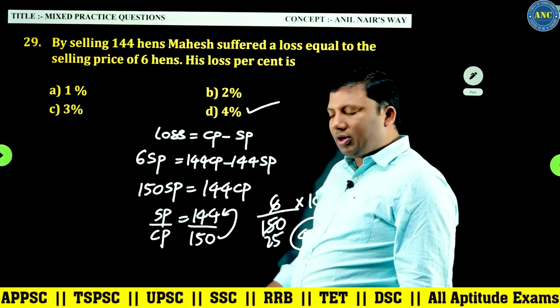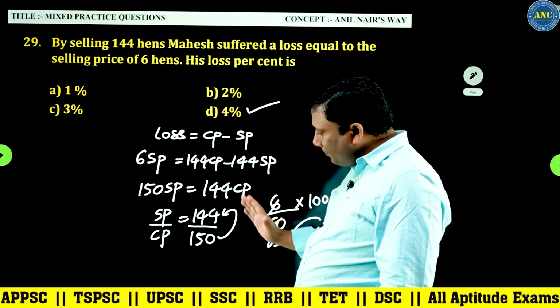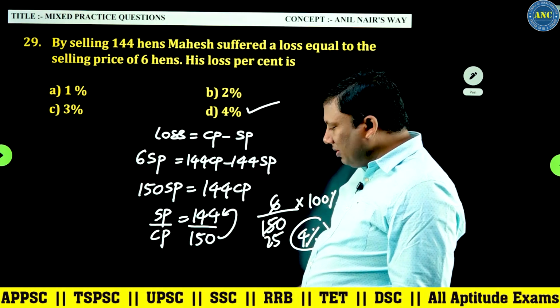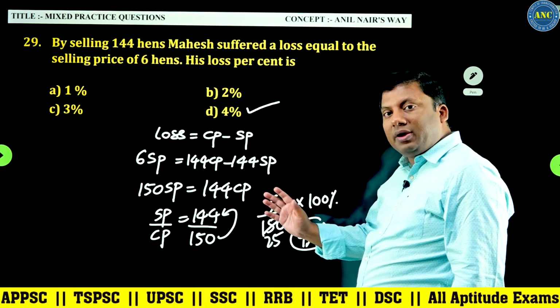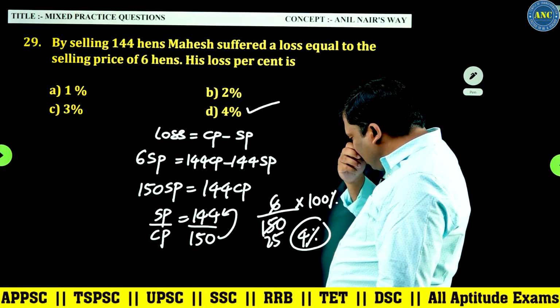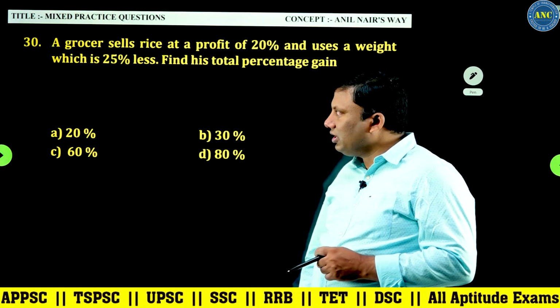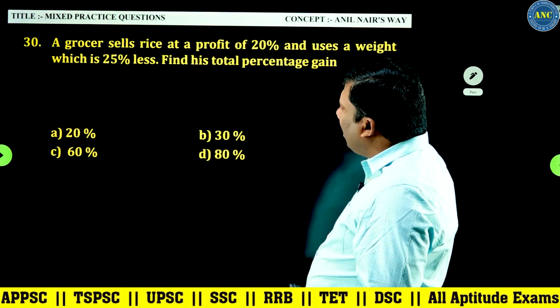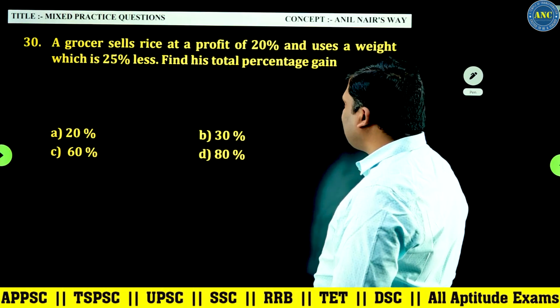Minus 144 comes this side. 150 SP is 144 CP. SP by CP is 144 by 150. So 150 is becoming 144. So he lost 6 on 150. 6 on 150 is 4% loss. 4% loss. A grocer sells a rice at a profit of 10%.